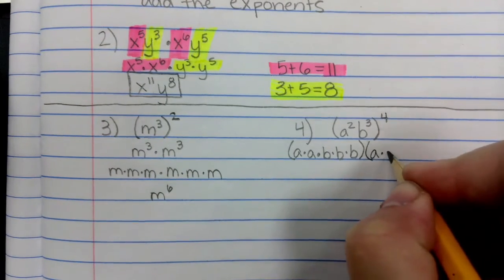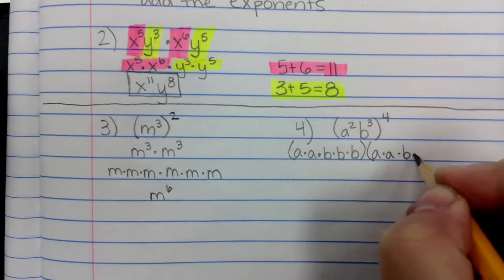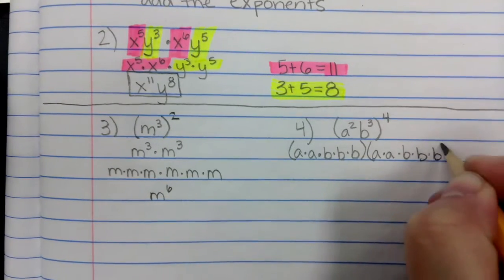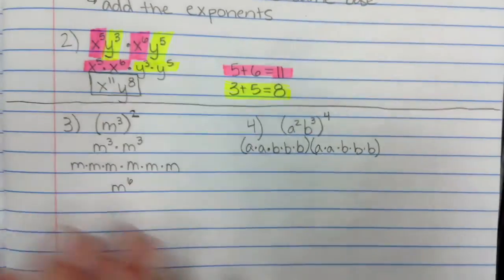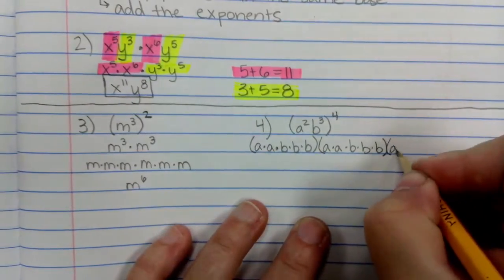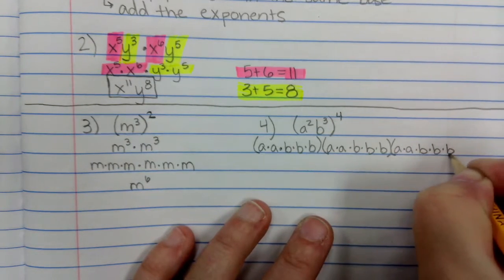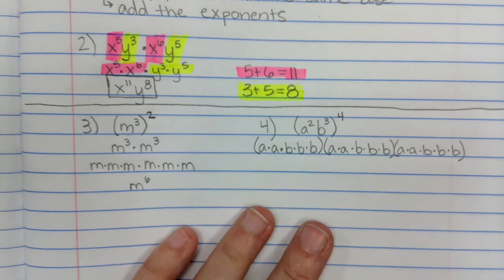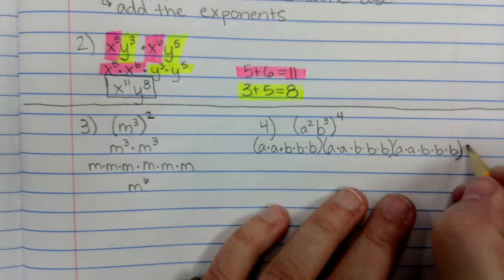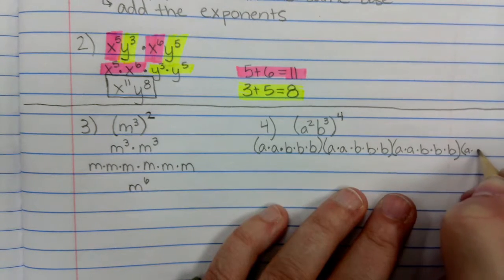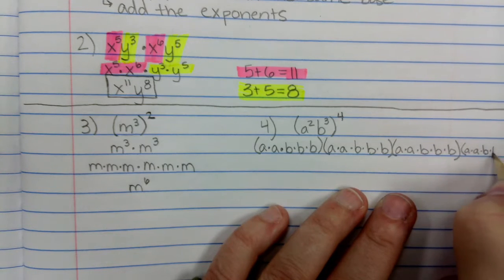A times A, B times B times B. That's 2 times. I need 4. Now I have it 3 times. I'm going to try and squish it in this last time. If you have to go down to another line, that's fine.